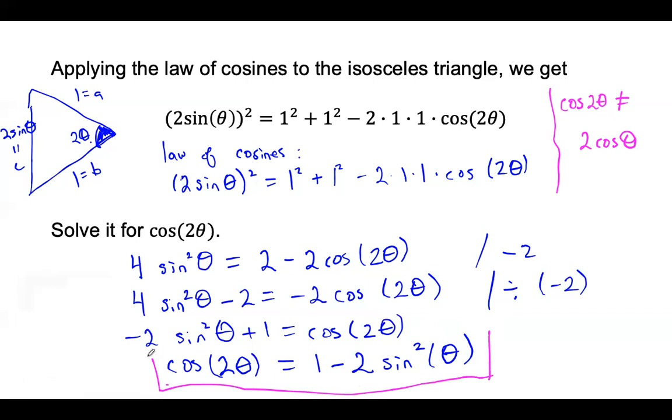Let's just put it in a box, put a little star. Let's call it 1. So this is a double angle formula because you take cos to find the double angle of theta, and it's 1 minus 2 times sine squared theta.